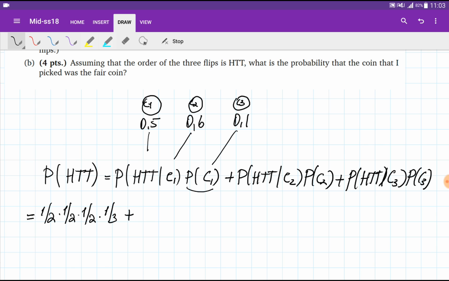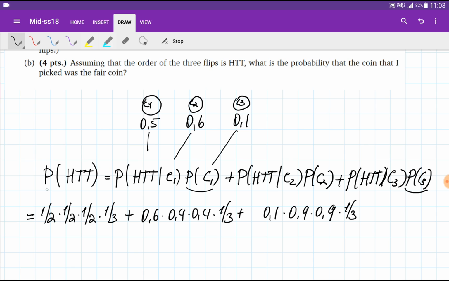Plus the probability of having heads for the second coin is 0.6, multiplied by the probability of having tails, 0.4, multiplied by 0.4, multiplied by the probability of choosing the second coin, 1 over 3, plus the probability of having heads for the third coin is 0.1, the probability of having tails is 0.9, multiplied by 0.9, multiplied by the probability of choosing the third coin, 1 over 3 again, right?